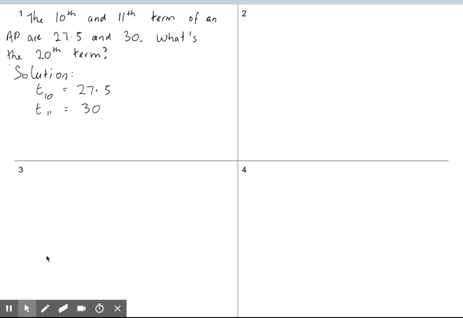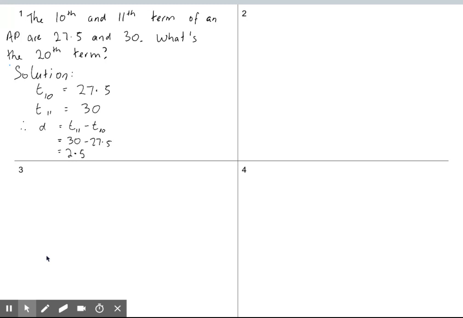So I can then say, therefore, D is equal to, now I'm going to write this out formally, but I wouldn't expect to do it quite as formally as this, T11 minus T10. So I wouldn't do that line myself when I was solving a problem, but I'm doing it here just for completeness' sake, which is equal to 30 take away 27.5, which is equal to 2.5.